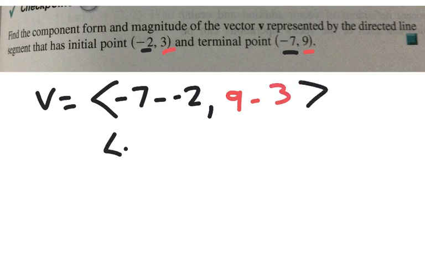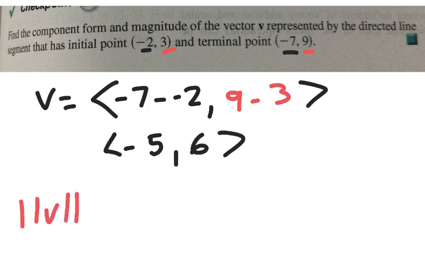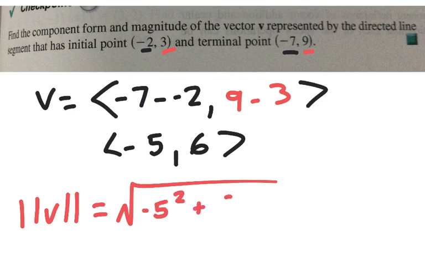That should be -5, 6 as the component form of your vector. And then to find the magnitude of v, we're going to plug these component forms into the distance formula. So it's going to be x squared plus y squared, which gives us radical 61.